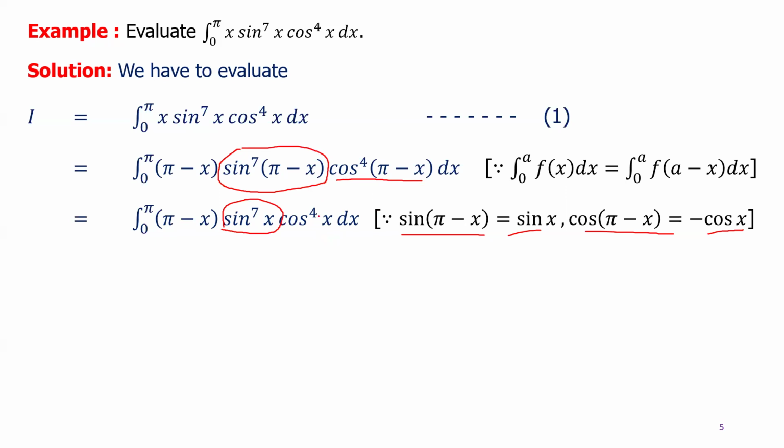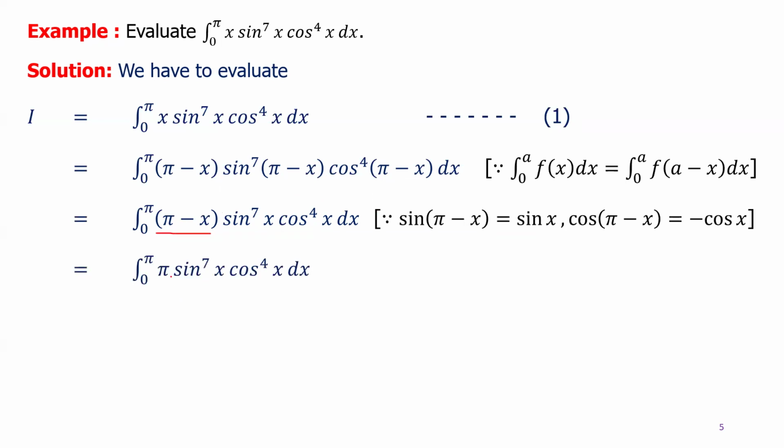Since its power is even, it will become cos^4 x. Let us open the bracket. It will be converted to integration under the limit 0 to pi of pi into sin^7 x cos^4 x, minus integration under the limit 0 to pi of x sin^7 x cos^4 x dx.